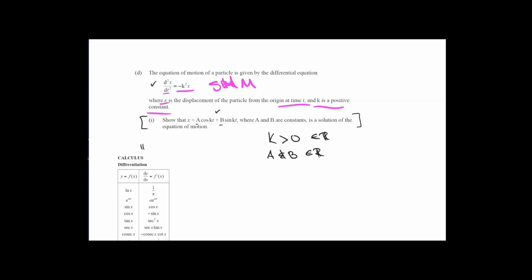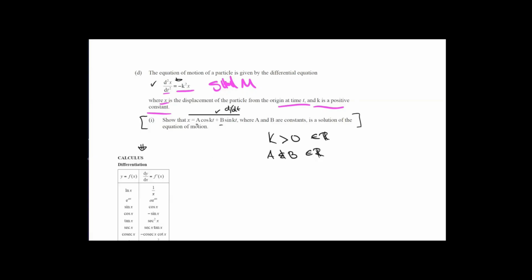And here's the table that they give you in the exam. Okay, so what do we need to do? Well, we need to differentiate this twice with respect to t and see if we can get it to go into this thing here. Okay, let's have a look at it first.